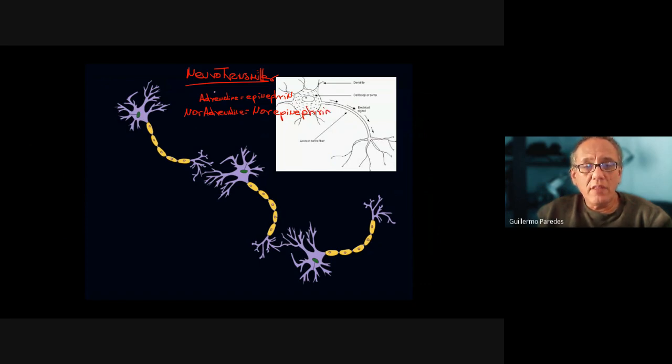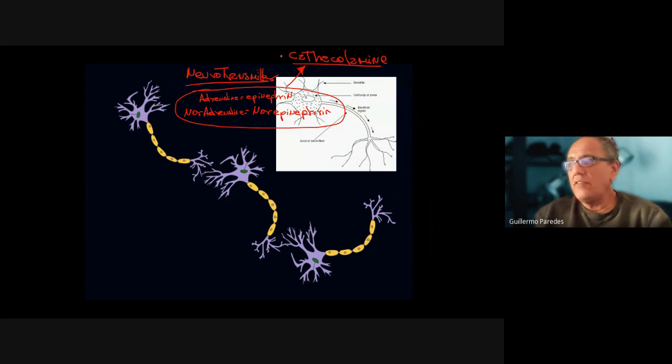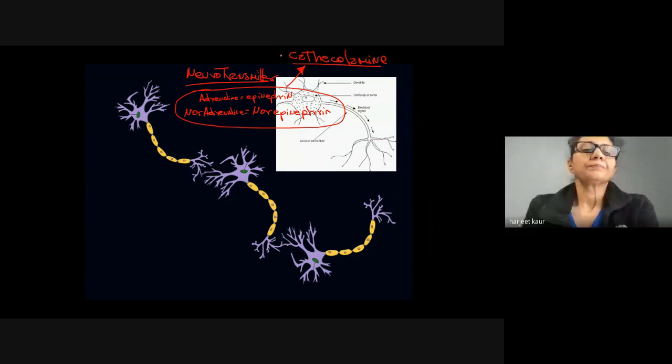Now, look at this. Adrenaline and norepinephrine are going to be called catecholamines. Question for the exam, 10 points for the exam. What is a catecholamine? It could be noradrenaline or adrenaline, both, whatever you want to call them.